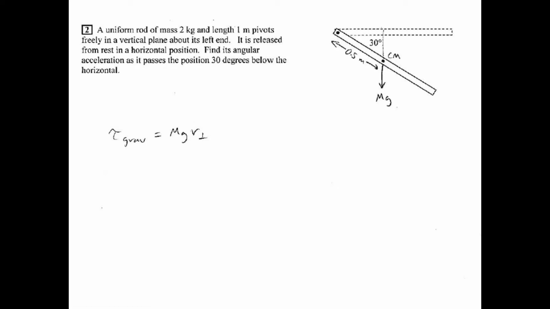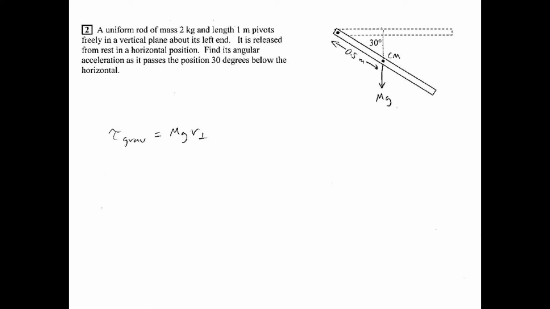And anytime we have a symmetric object, the center of mass is always at the center of symmetry of the object, and here for a meter stick that's exactly in the middle of it, so it's halfway down the meter stick. So we're going to say at this instant in time where it's 30 degrees below the horizontal, the weight force due to gravity on all the bits of mass is as if the full weight force is just being applied at the center of mass. And of course it goes straight down, as always.